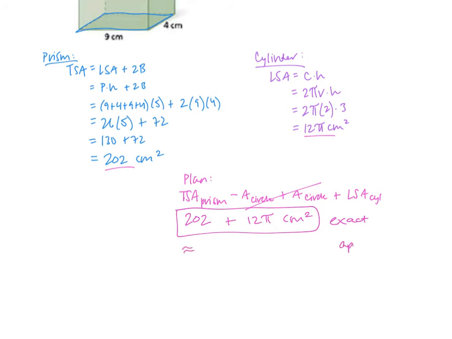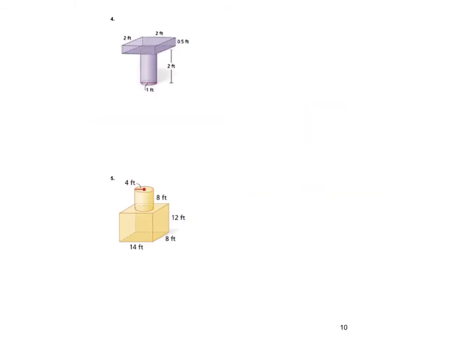That's going to be our approximate form. So let's say I put it in the calculator, I used pi, I rounded to the nearest hundredth, 2 decimal places. I should get 239.70 centimeters squared. It ends up being like 0.699, which rounds to 0.70. All right, there we go. Let's go ahead and jump to number 6.